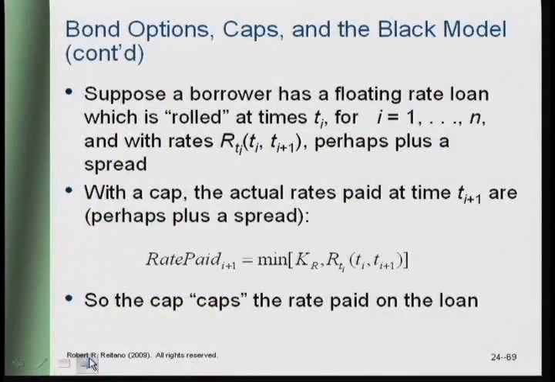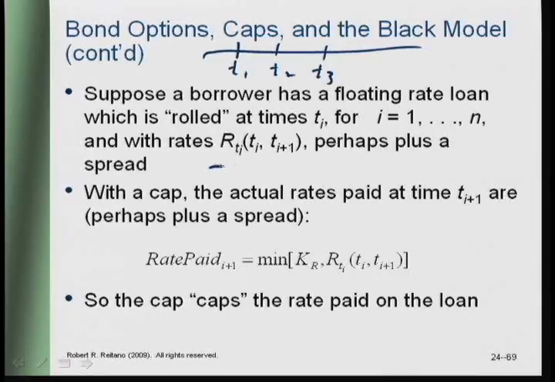And so here in more detail, you have a borrower that has a floating rate obligation like commercial paper and knows that at each time in the future, you have T1, T2, T3. Of course, the borrower knows today's commercial paper rate, that's fixed, but then is subject to risk at time T1, T2, T3 as the commercial paper rolls at the prevailing rate. And this issuer knows that it's going to have this prevailing rate, the spot rate at that time for the period.